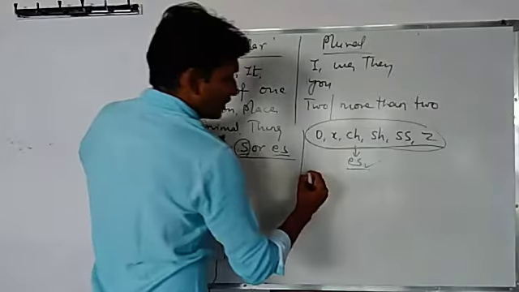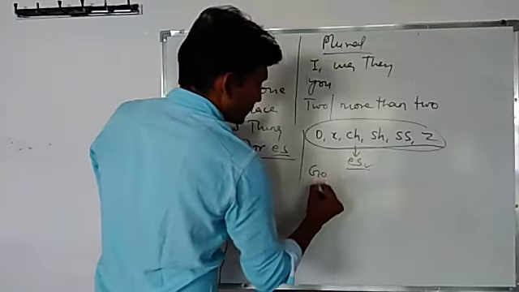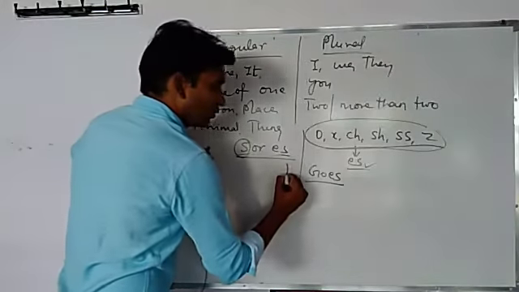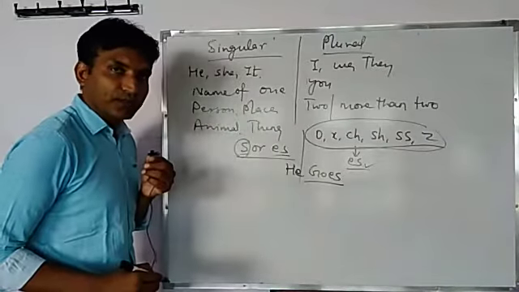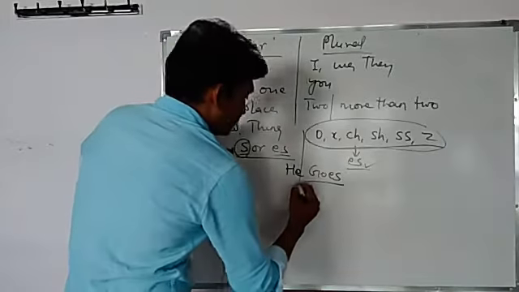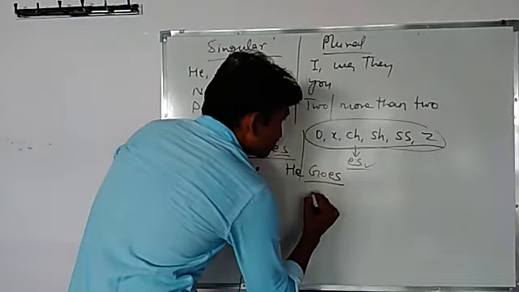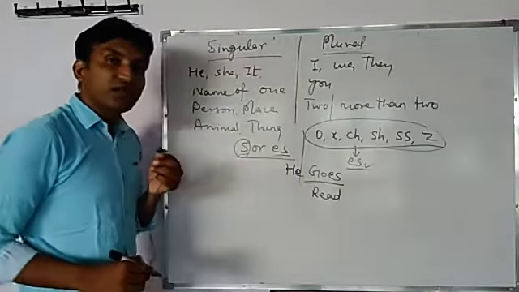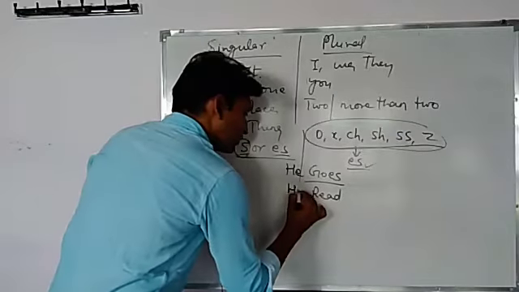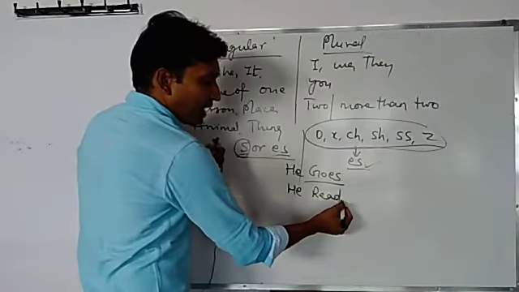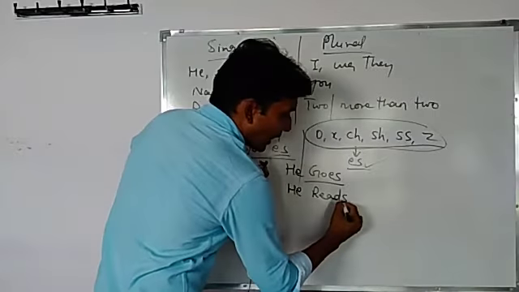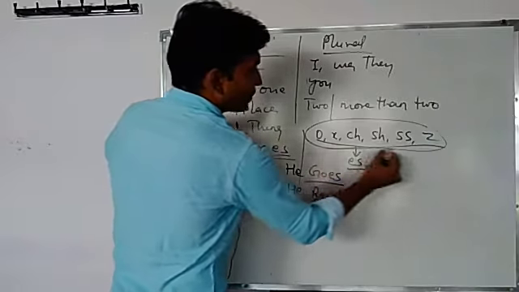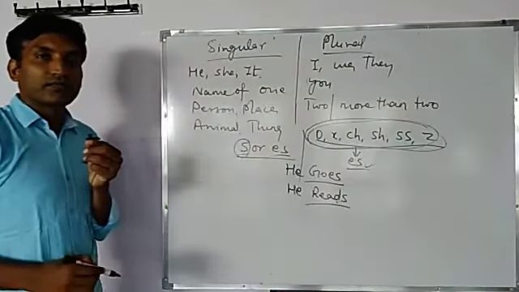Suppose there is go, so we have to write goes if the subject is singular. And if there is read and the subject is also singular, we will not add es here, we will add s, because the last letter of this is D and that is not in the list.